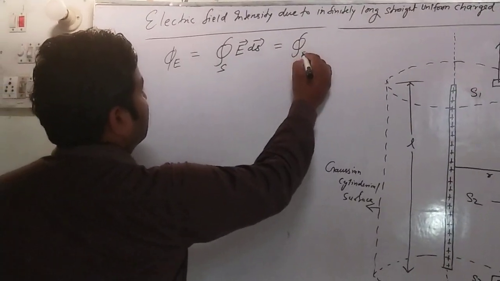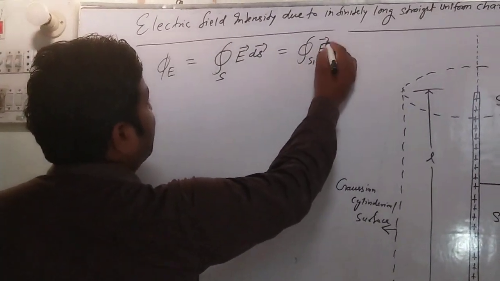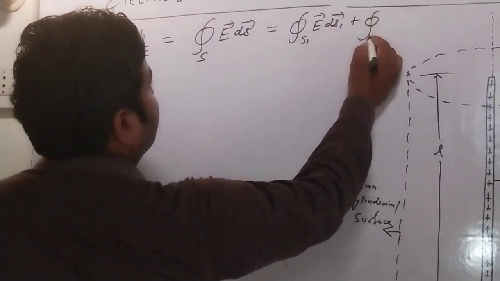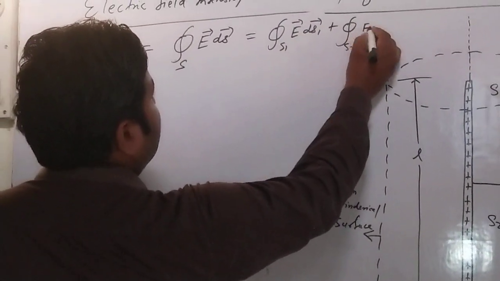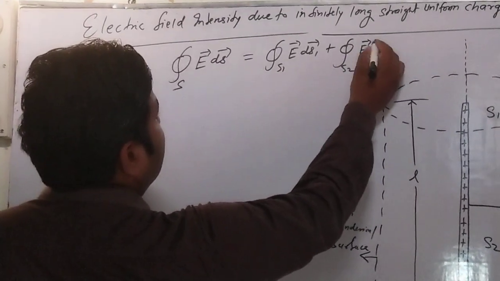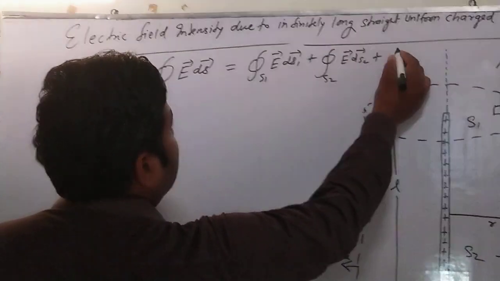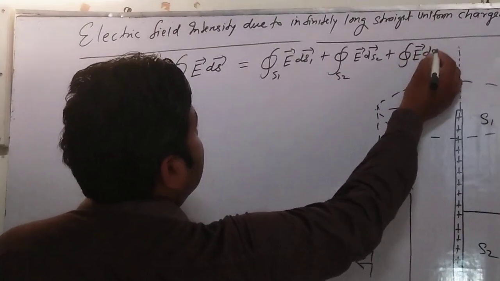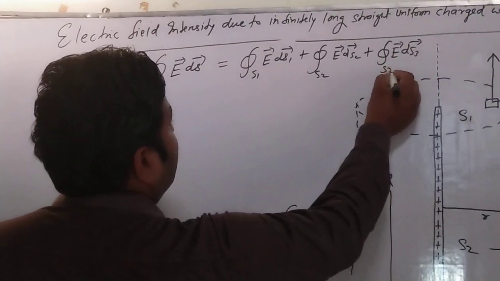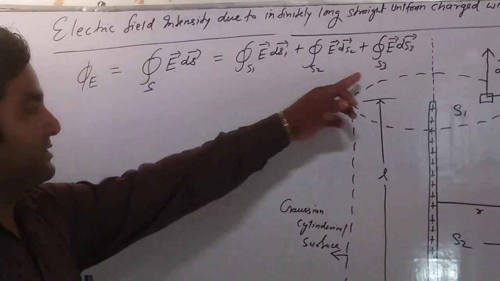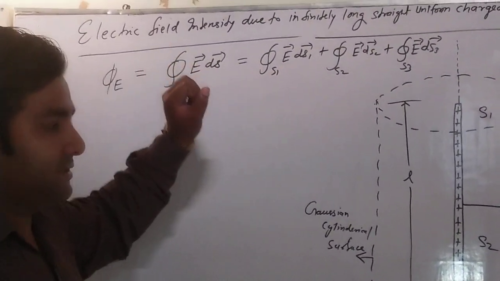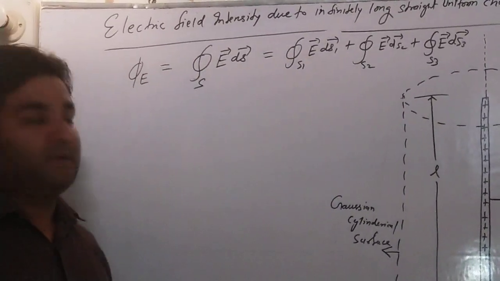That is, for surface S1, E dS1, plus surface S2, E dS2, plus the integration over surface S3, E dS3. When we add all these terms, we get the total value of electric flux. This is the concept of Gauss theorem.